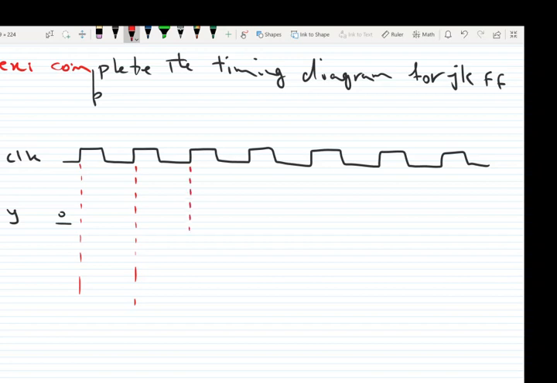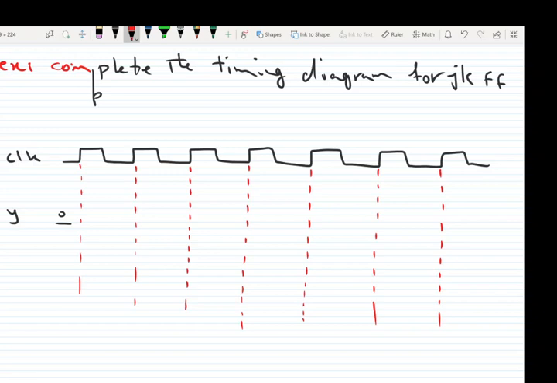If the JK flip-flop or any synchronized device is high active or rising edge sensitive, we should mark the rising edges with dashed lines. If it is falling edge sensitive, we need to mark the falling edges. So here, because the device is rising edge sensitive, we mark the rising edges.